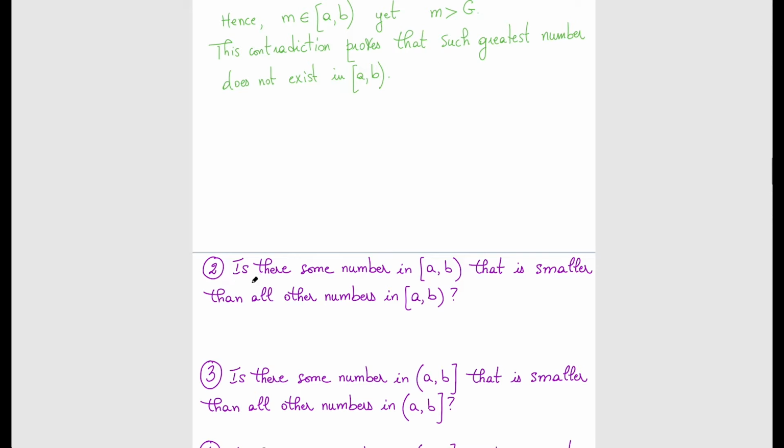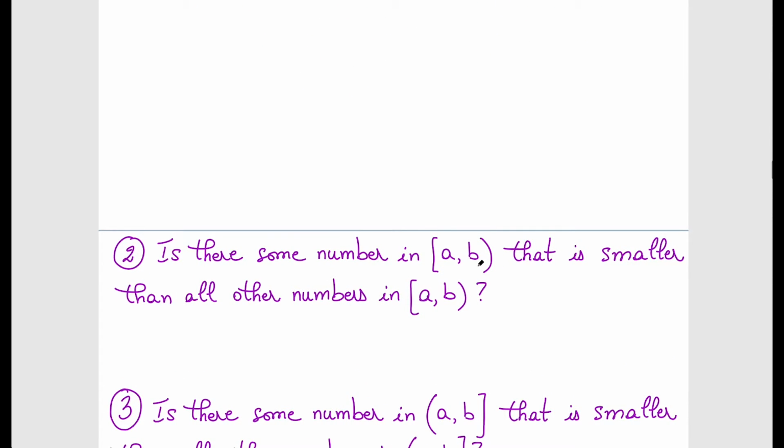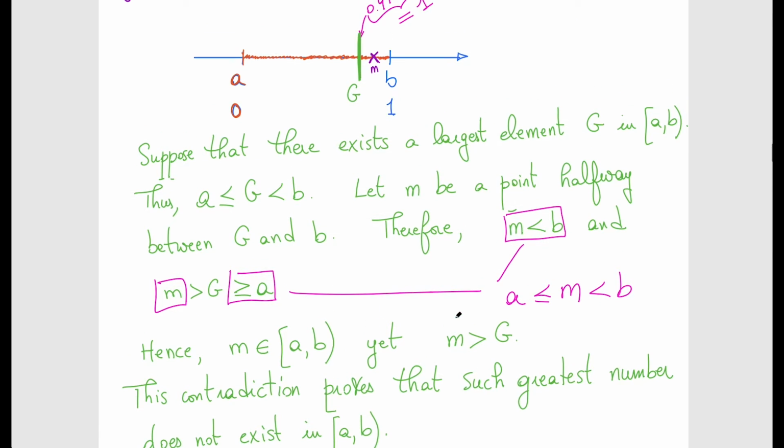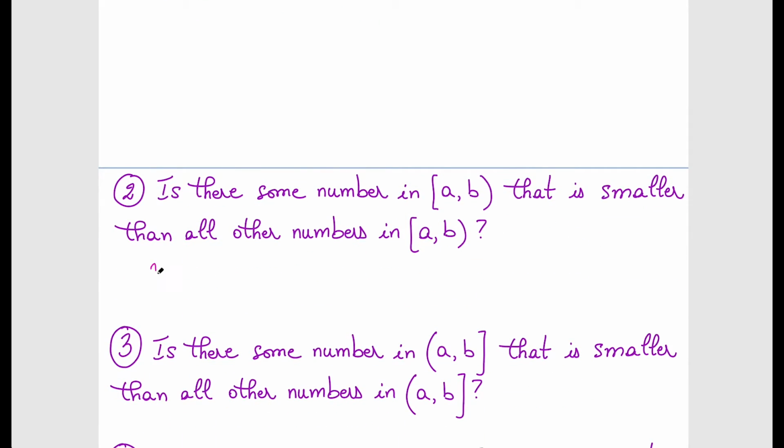Number 2, is there some number in this interval AB that's smaller than any other number in AB? So back to this, in AB, is there an orange dot that's smaller than any other orange dot? That's easy. Yes, A is that guy, right? Yes, A is that guy.